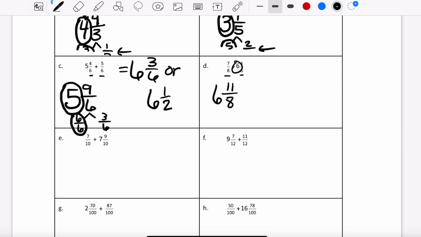We break apart our fraction into a mixed number. So we have 8/8, and we would have 3/8 left. We put in our 6 wholes plus the 1 whole, gives us 7 wholes and 3/8.